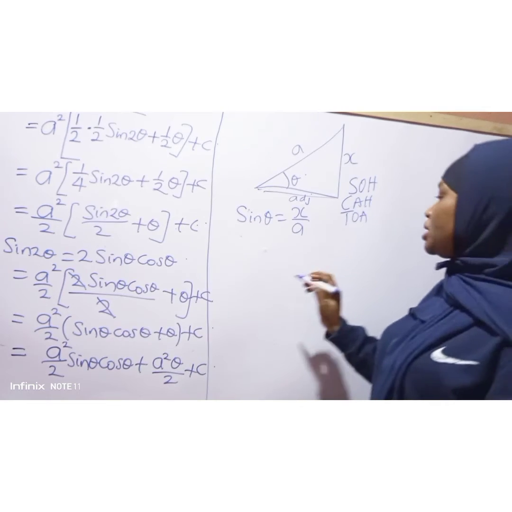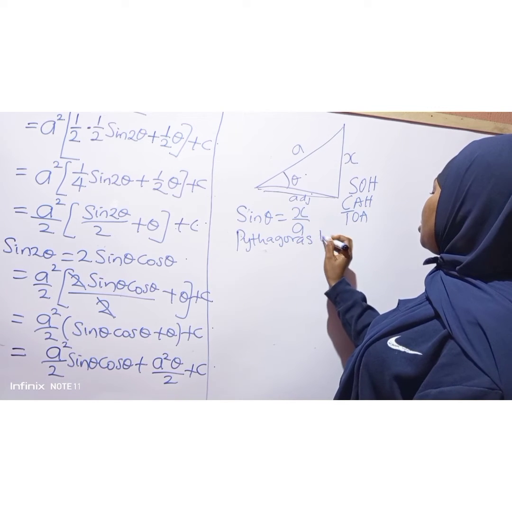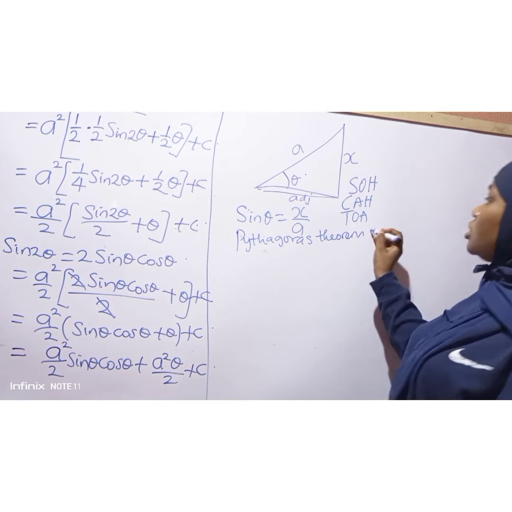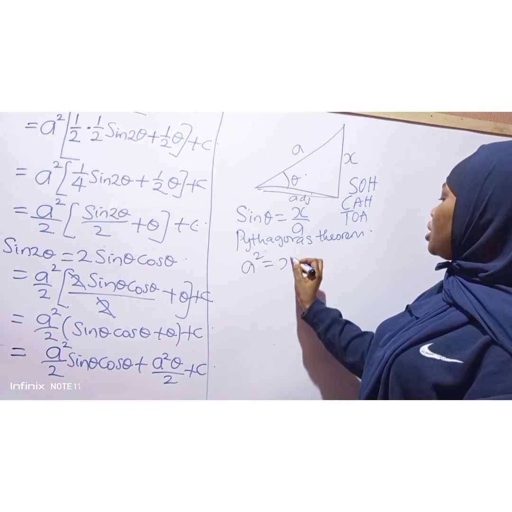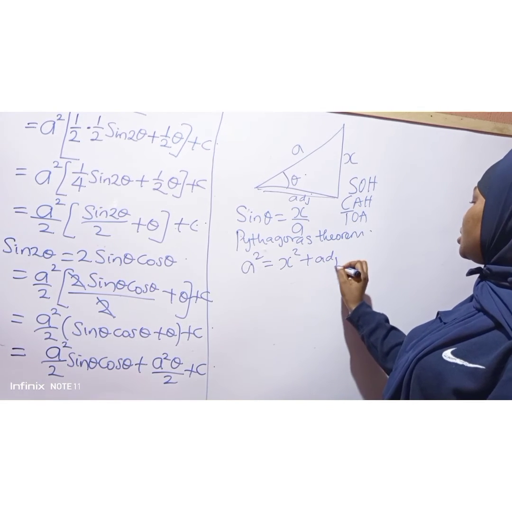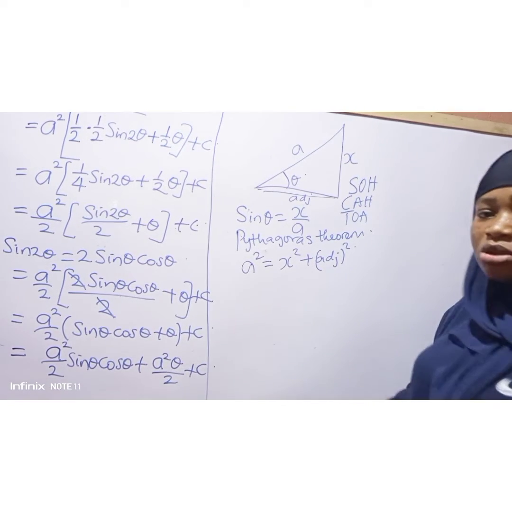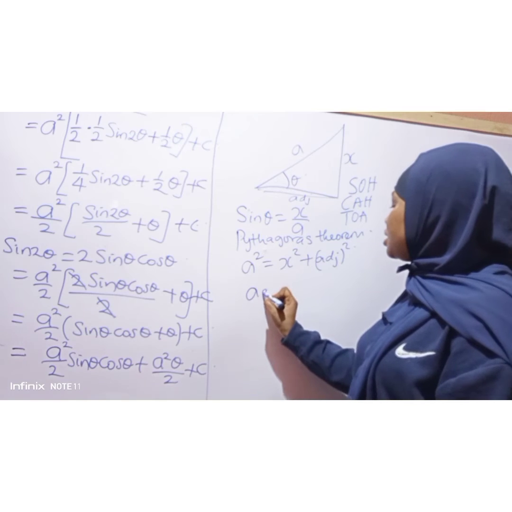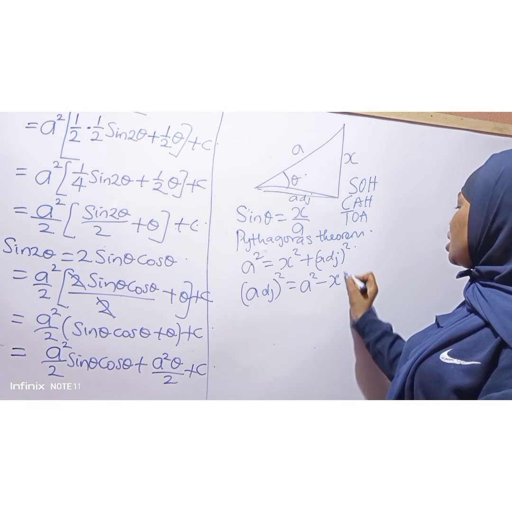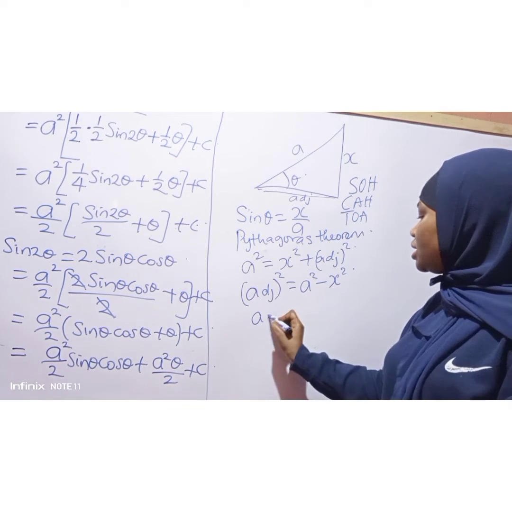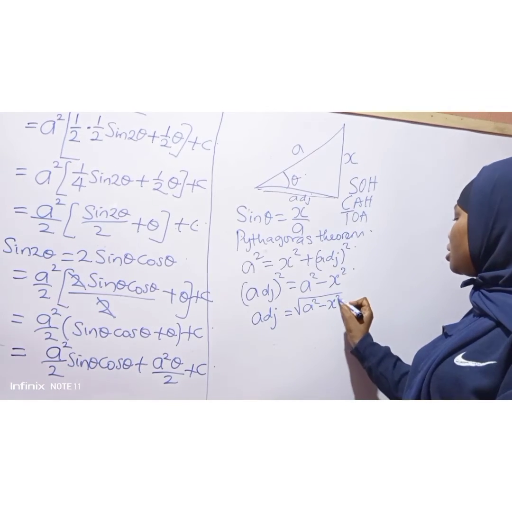According to Pythagoras' theorem, a squared, which is the hypotenuse squared, is equal to x squared plus adjacent squared. We want to make adjacent squared the subject of the formula. So adjacent squared is equal to a squared minus x squared, so adjacent will be equal to the square root of a squared minus x squared.